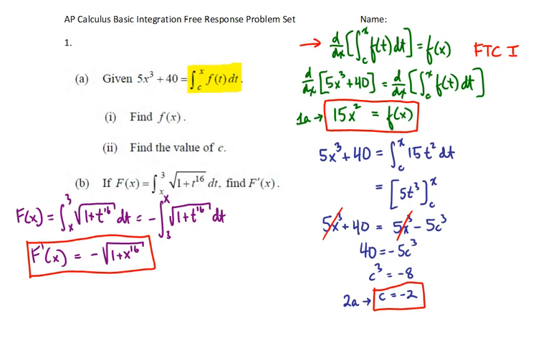So the derivative of the negative of the integral from 3 to x of square root of 1 plus t to the 16th dt is just negative square root of 1 plus x to the 16th. Done. And so this problem is really an exercise in the fundamental theorem of calculus. Both parts are involved in this, with a heavy emphasis on that first part there. Alright, so we'll go on to the next problem now.